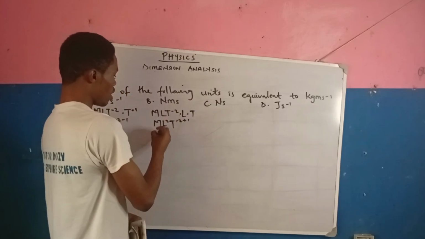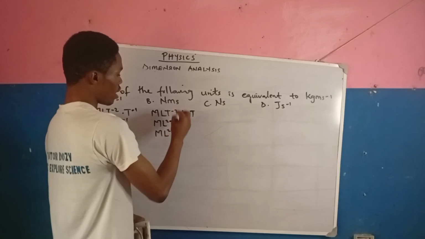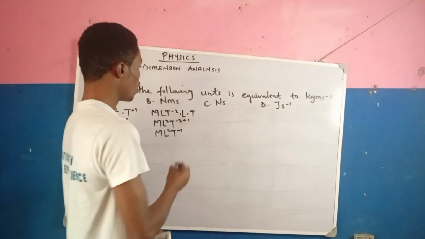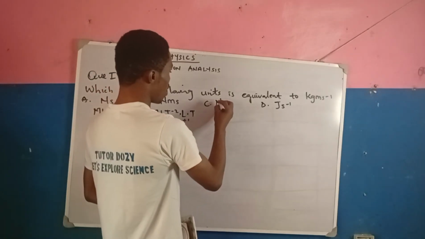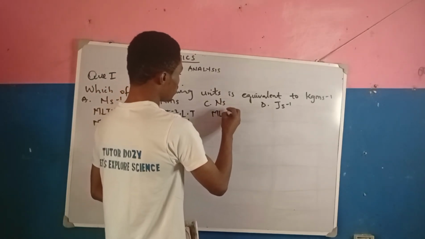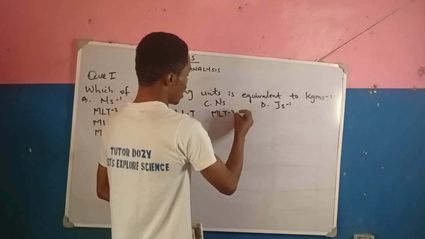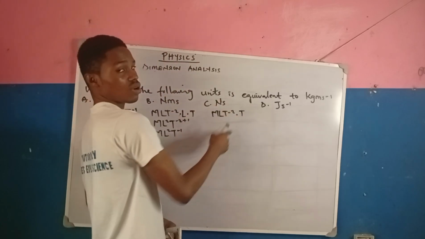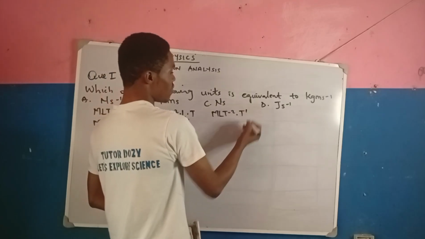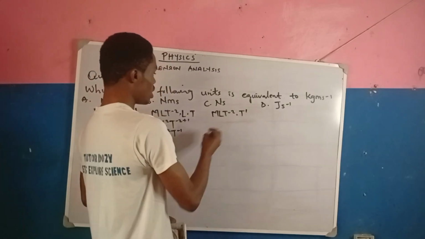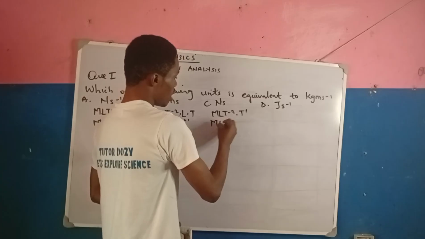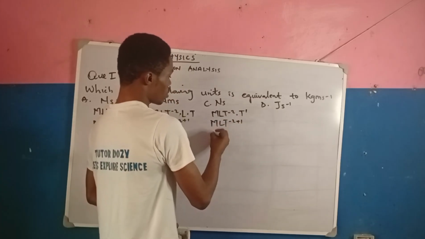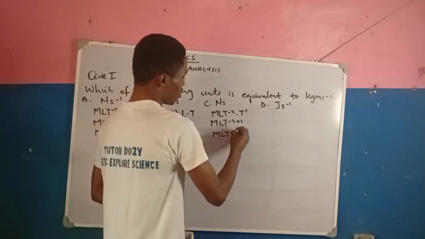So here we have ML^2T^-1. Now for this one, we have MLT^-2 and T, because this s represents time, which has an invisible power of 1. Using indices, we have MLT^-2 plus 1, which gives us MLT^-1.